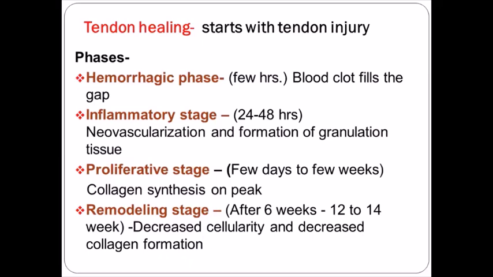Let me tell you in this way: when there is any injury in our body, fibroblast cells run towards that injured site, and these fibroblasts produce collagen fiber as well as elastin protein. The same thing is happening here also. If there is a tendon injury, these fibroblast cells will come to the site of the tendon injury, and they produce an enormous amount of collagen fiber, which fills the gap of the injury.